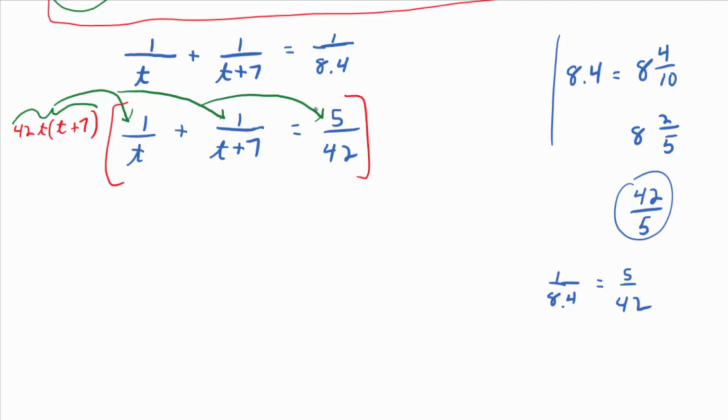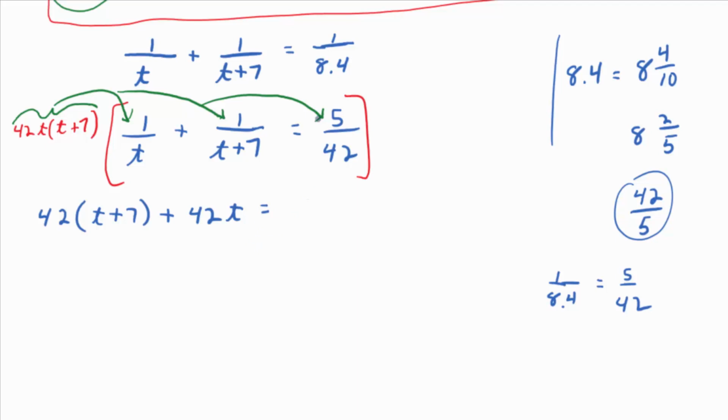So from that first term, when you distribute the LCD, what's left? The t's cancel, so what's left? Just 42 times the quantity t plus 7. Does everybody see that? What's left from when you distribute the LCD to the numerator of the second quantity? 42t, because the t plus 7's cancel, right?